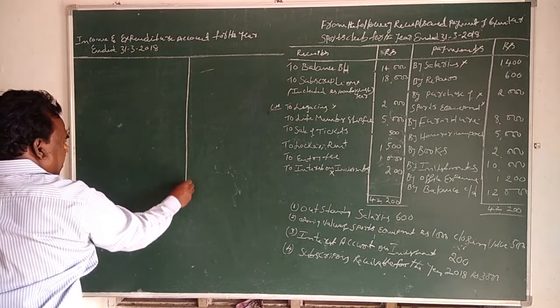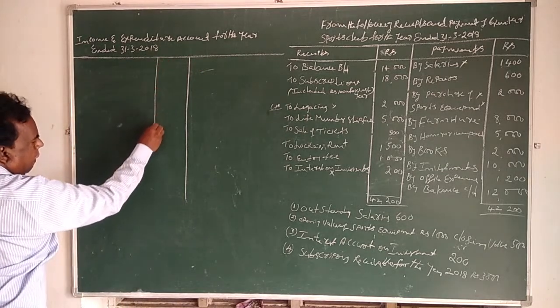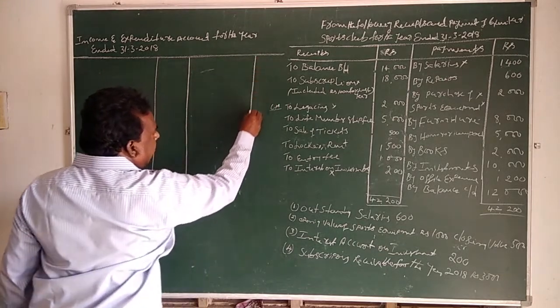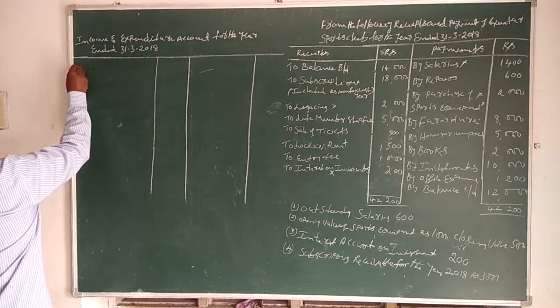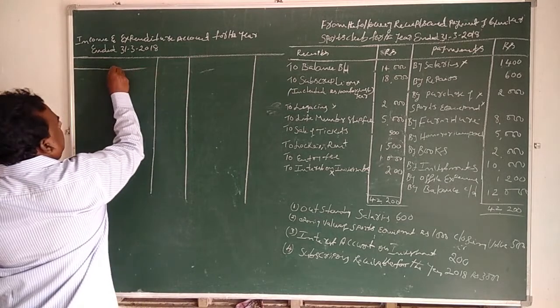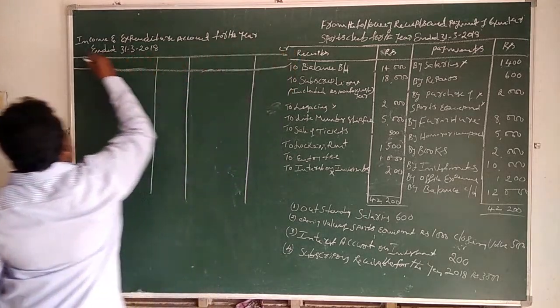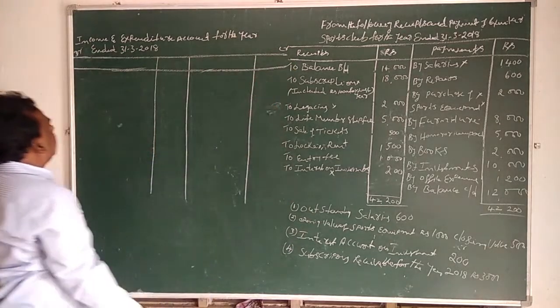This is the debit side and credit side. Debit side DR, credit side CR.